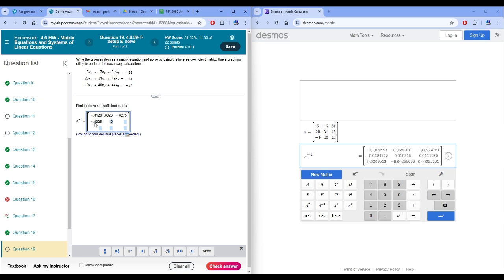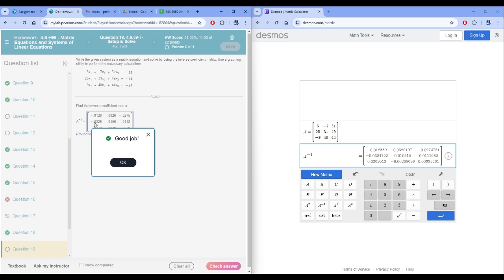This one is 0.0105. This one is 0.0112. This one is 0.0270. This one is negative 0.0029. This one is 0.0070. There you go.